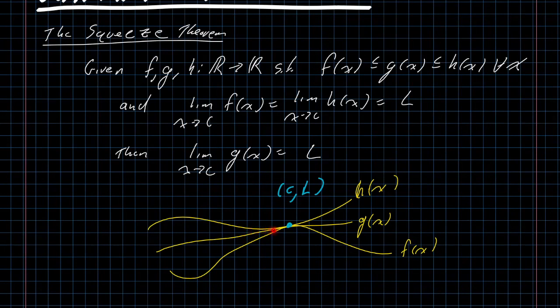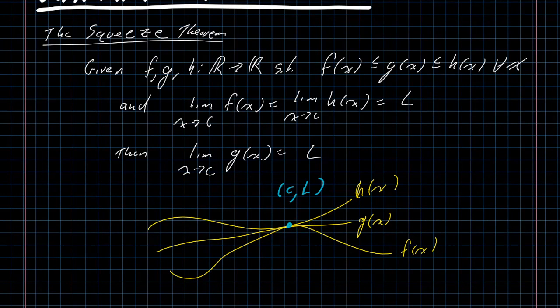But as we come here, we get squeezed in. The distance between h of x and f of x becomes so small that the only way to get through is to go through that exact same point. That's what we mean by the squeeze theorem.